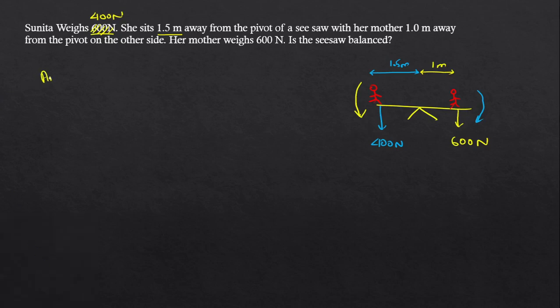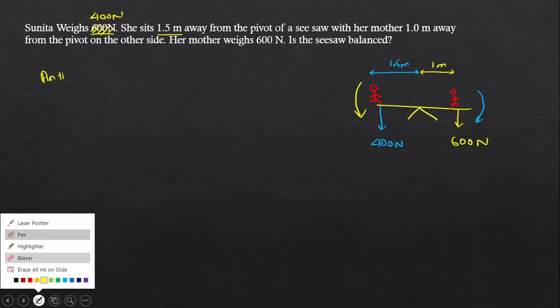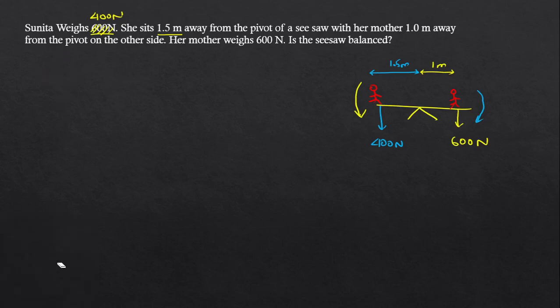Before that, let's write down the given data. So let's say weight of person 1, I'll call it F1, is equal to 400 newtons, right? D1 is the distance from the pivot.